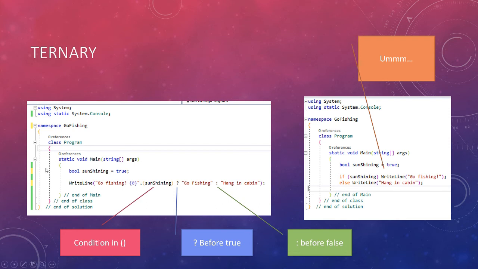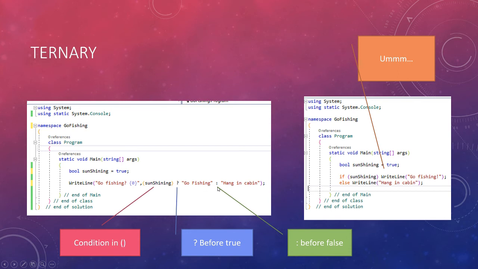So our message then is going to be our parameter that replaces this parameter in our write line statement in our format. So I've got my condition in parentheses. Is the sun shining? Then I have a question mark, which is a special character that's required, and it says what follows is what should happen if the condition is true. So if the condition is true, I want to replace this parameter with the value go fishing.